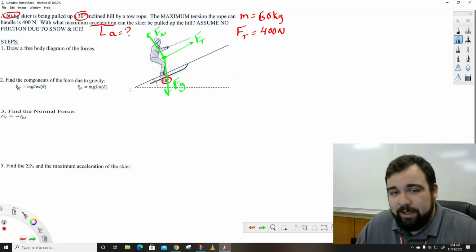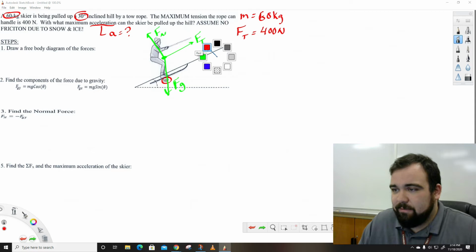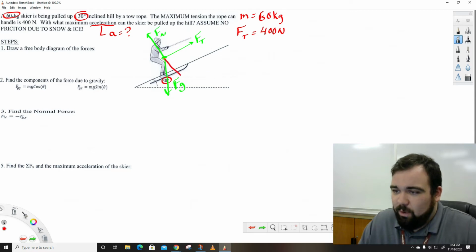We'd have normal going up, tension to the right, and now force of gravity would be down to the left. What that does is that means that we only have to worry about breaking gravity into components, not both of the other forces. So we're going to have an FGY and then an FGX.